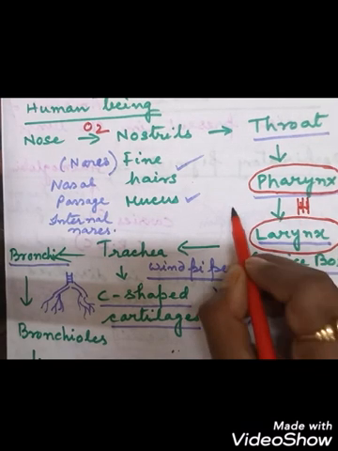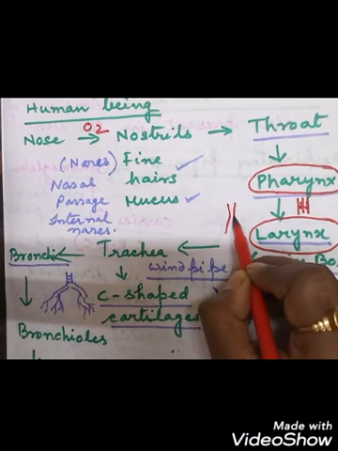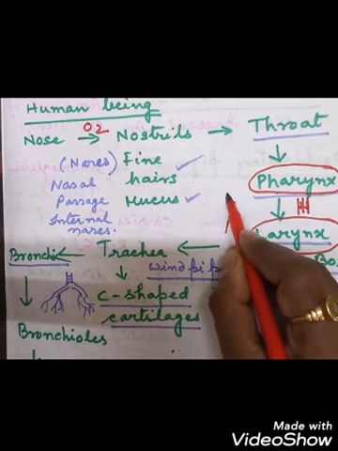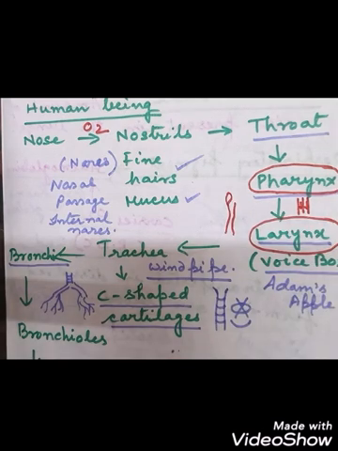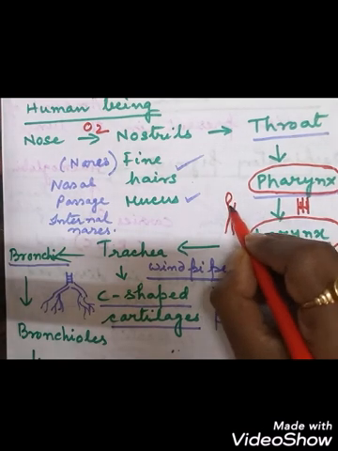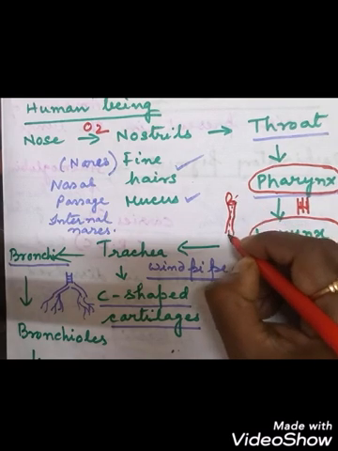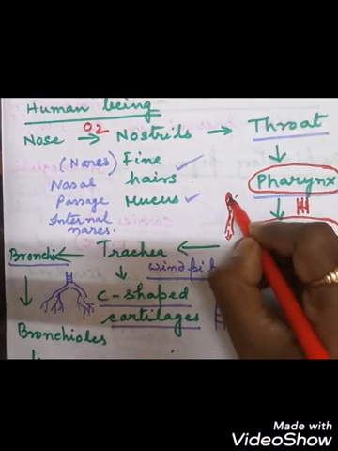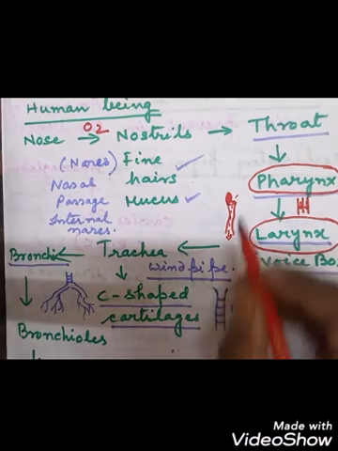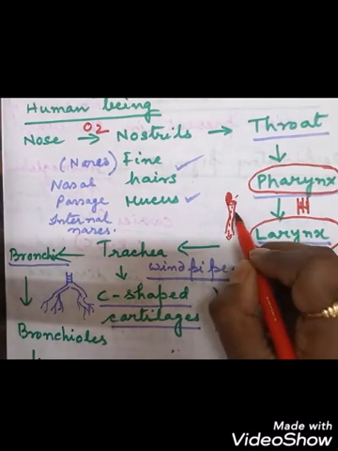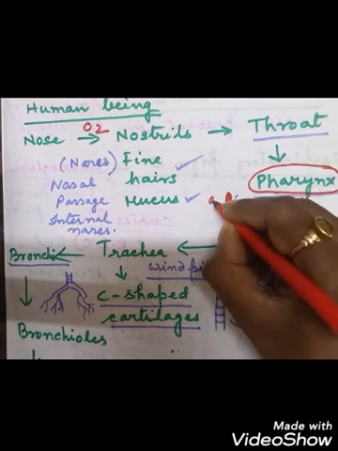So see, if this is the passage, and here there is a covering or a membrane. Now this opening is the glottis, which allows only the air to go inside, and the membrane is there which closes and opens. Now this is glottis and this is epiglottis.